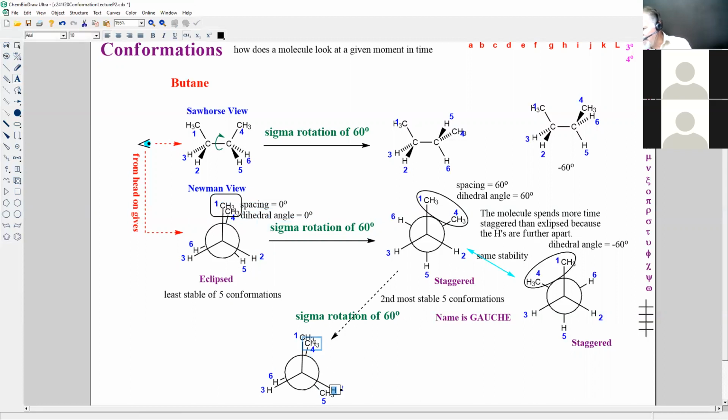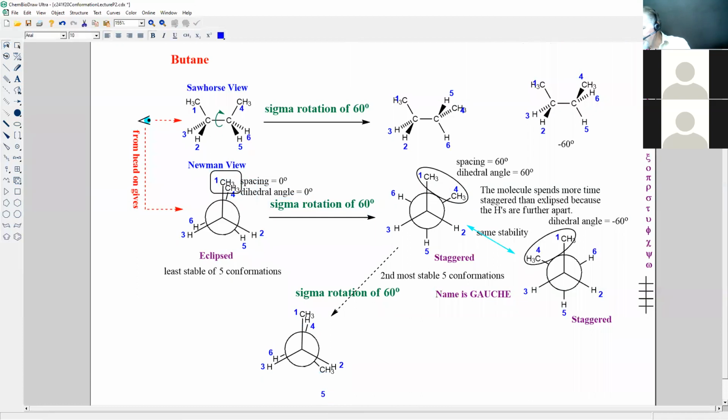Now that's an H, and the methyl's the 4. Going clockwise, I rotated the 5 60 degrees, so it's now, we're talking a back carbon here, right? It rotated to here, used to be here, now it's behind the 3, 60 degrees, right? And the H that used to be, let's see, the 6 rotated 60, it's behind the 1.